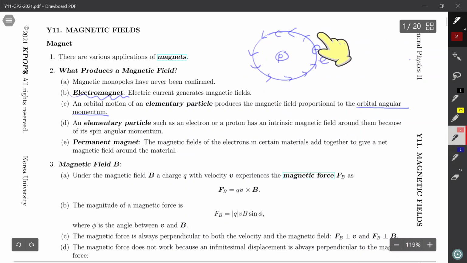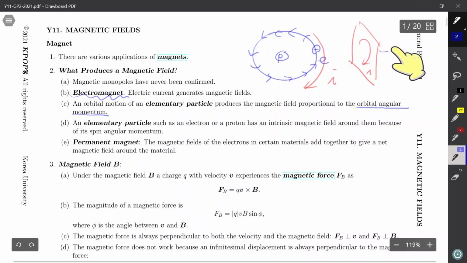The current is in the opposite direction, I. When current I is flowing, then the magnetic field is generated.